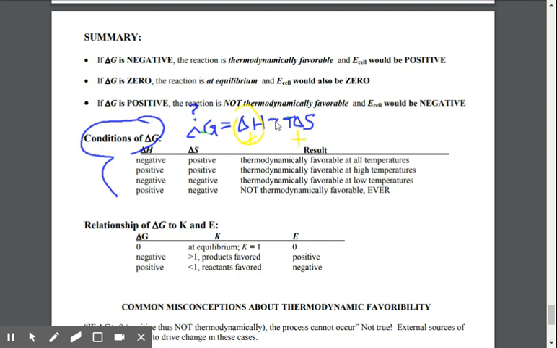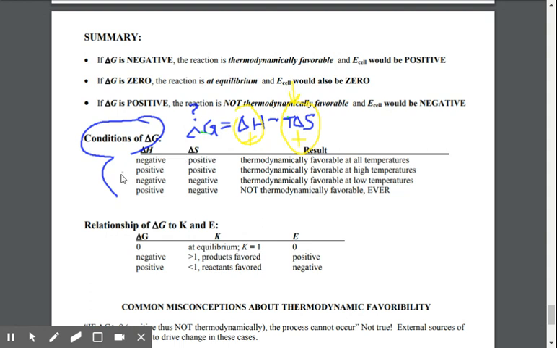Over here, we get a negative quantity because it's a negative for positive numbers. So it really depends on which side is greater than the other. If my T delta S is greater than my delta H, then that means my delta G will be negative. But if my delta H value is greater than my T delta S value, that's going to indicate that the delta G is going to be positive.